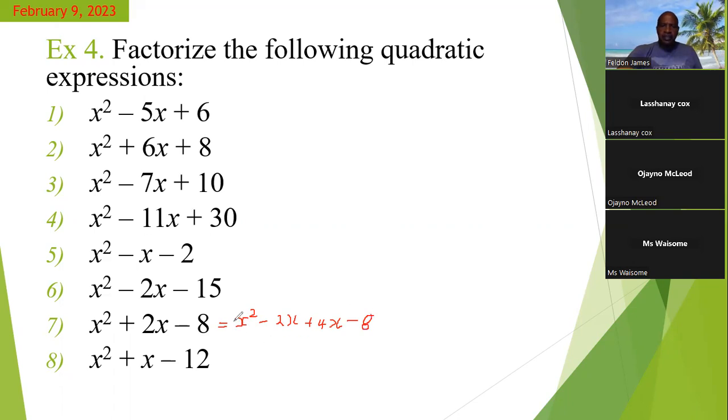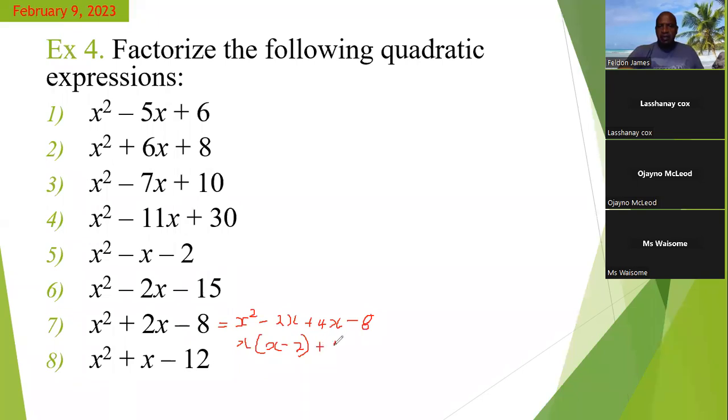All right, so what is common here for the first pair would be x. X into x squared gives you x. Sorry, x into negative 2x gives you negative 2.